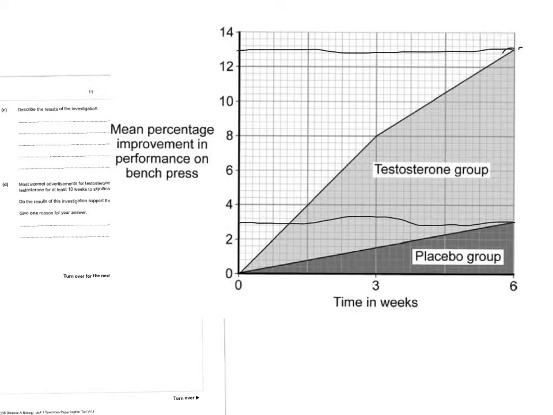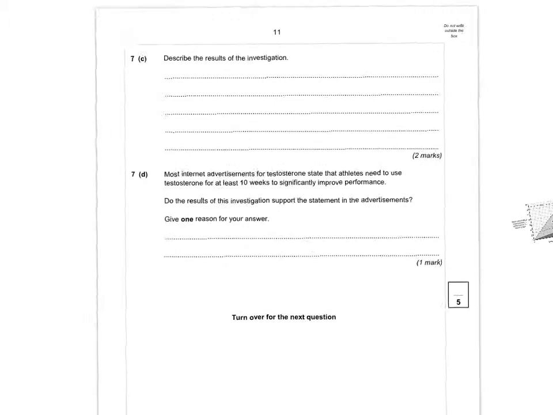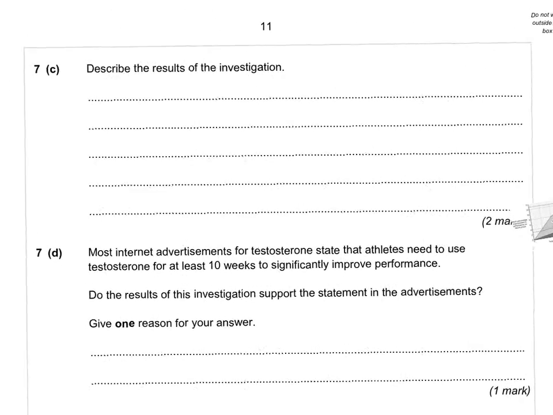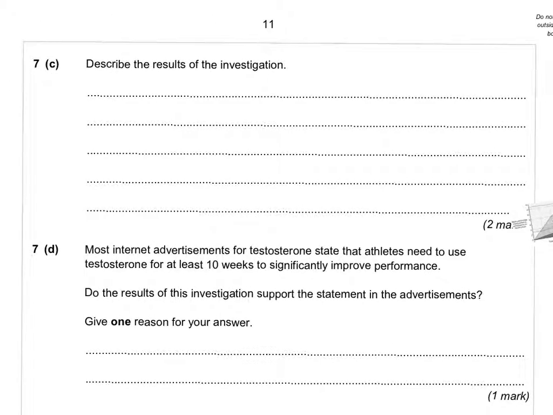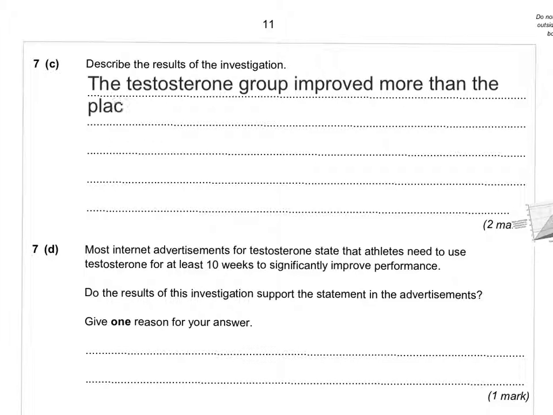So I'll just put them quickly on the paper for you so you can see it, just so that we've got it written down. So 1st mark, this was saying the testosterone group improved more than the placebo group, and then you get your 2nd mark for saying that they improved by 13% over the 6 weeks.